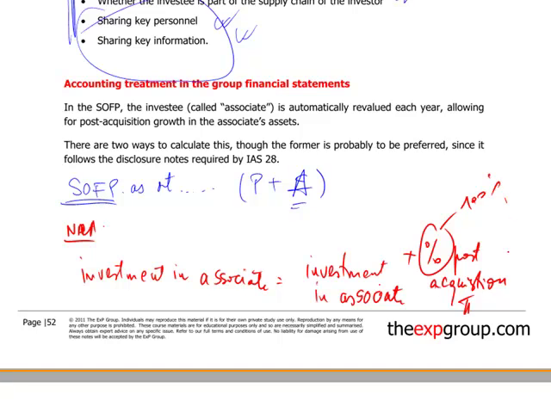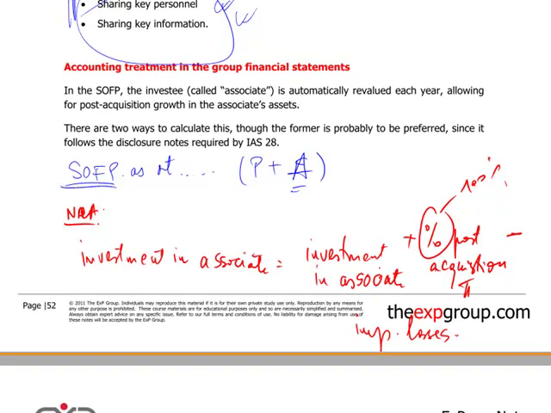And let's not forget, from this investment in associates figure, we take out any impairment losses. So that happens on the statement of financial position. On the non-current assets, one single line is inserted. All the other elements remain of the parent company only. You consolidate the retained earnings as we covered in subsidiary.